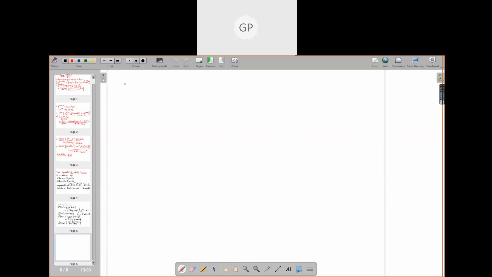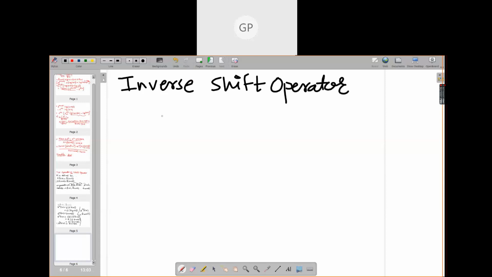So now let us see what is the inverse shift operator. E raised to minus 1 f(x): what should it be? It is not 1 upon E raised to f(x), and it is not 1 upon x plus h.